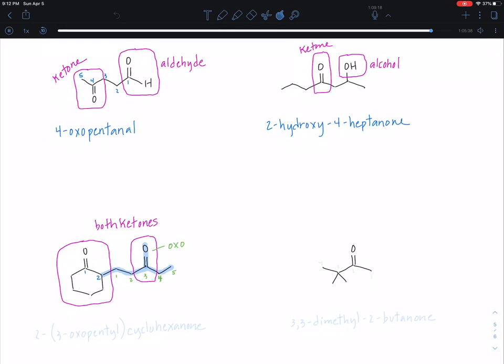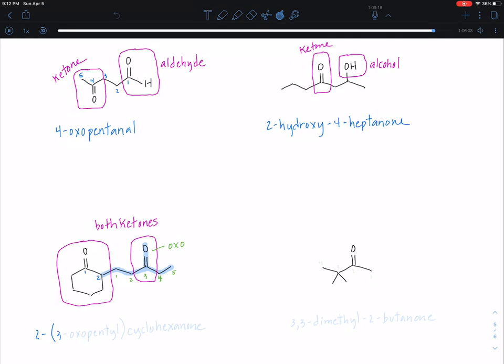It's a pentyl group, but on the third carbon of the pentyl group, I find the ketone, and it's an oxo. That oxygen is special, right? It's the oxygen of the carbonyl. But the parent of this thing is going to be the cyclohexanone. So where do I see that substituent? I see it on the second carbon. And then remember, in parentheses, I'm going to say, here's the substituent inside the parentheses.